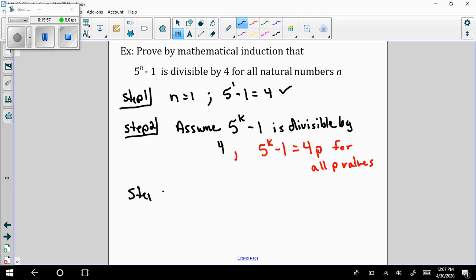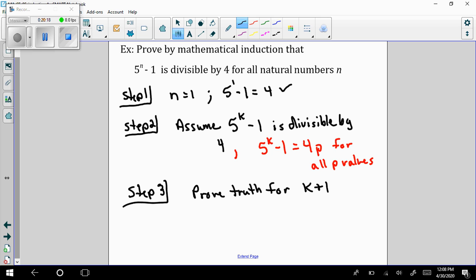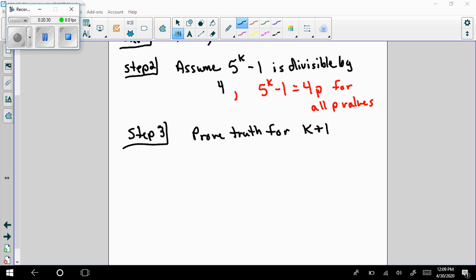Okay, so step 3 is we're going to prove that this is true for k plus 1. So if I take my original statement, which is 5 to the k minus 1, we simply take our k and substitute k plus 1.